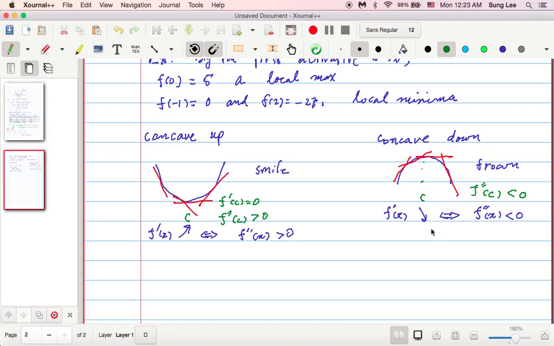So this picture tells you all of it, the concavity test and the second derivative test. In fact, if you remember this picture, then even if you forget the statements of, say, the concavity test or the second derivative test, you can regenerate and reproduce them on your own.